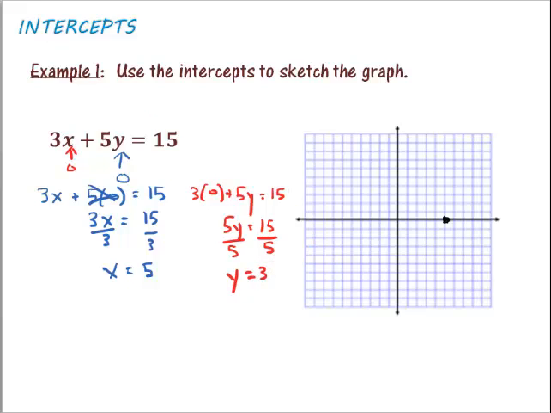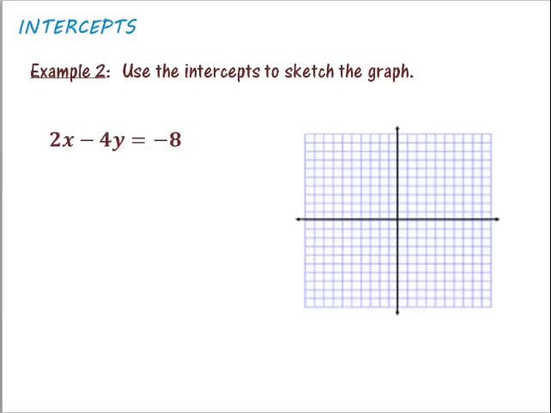So I'm going to put a point on the y-axis at 3. 1, 2, 3. Okay? And now all I do is simply draw a line through those 2 points on my graph. And that is the line of my graph.